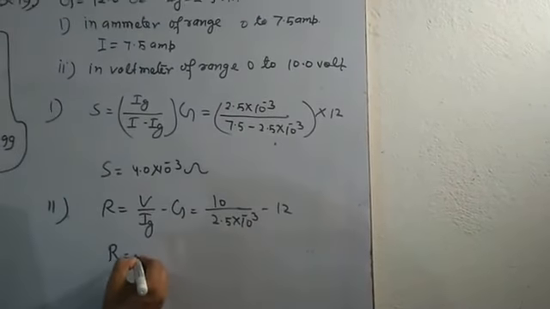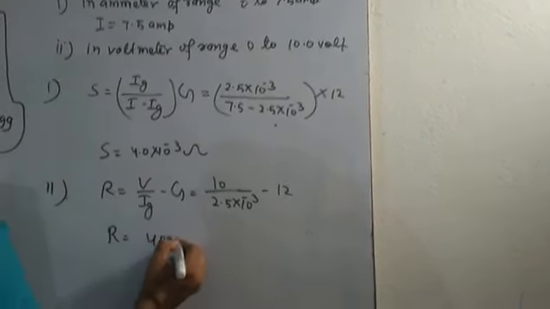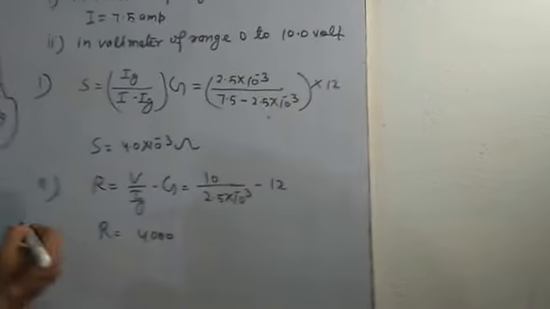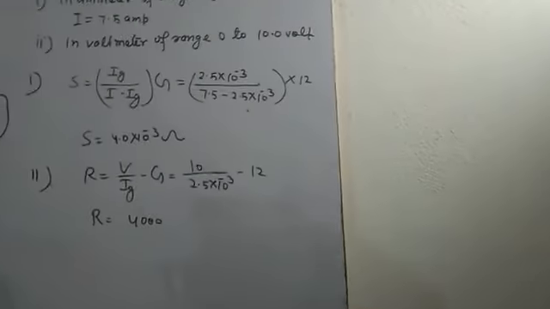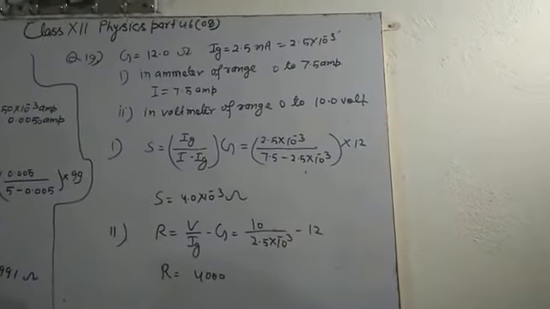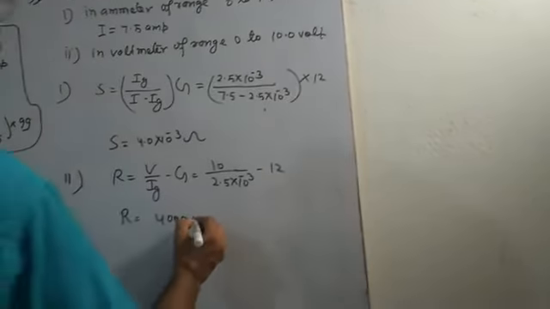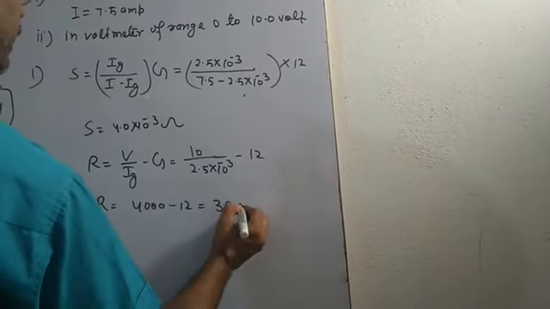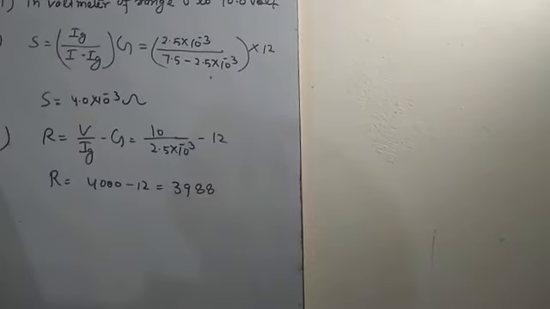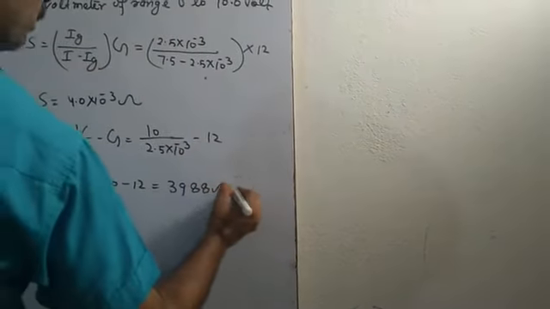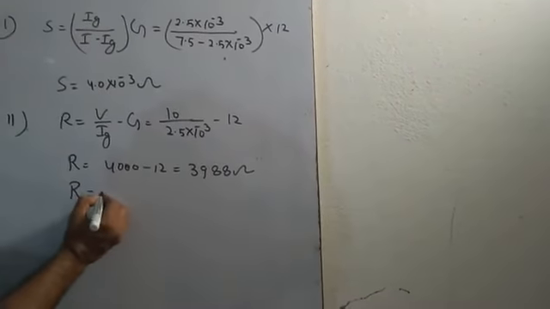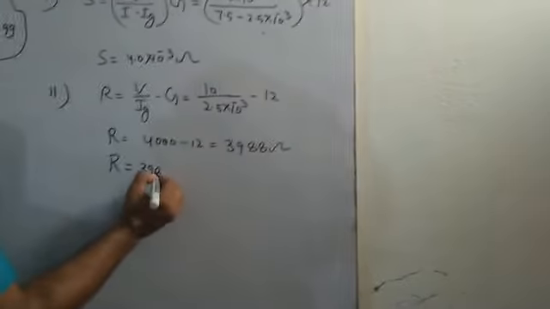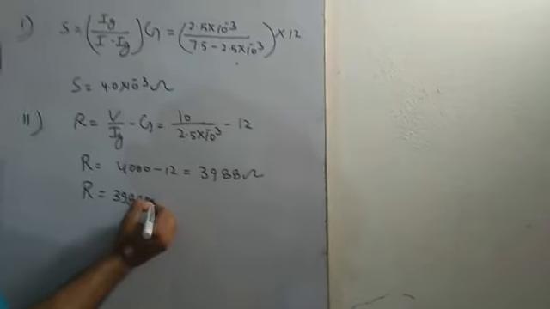R equals 4000 minus 12, that is 3988 ohm, approximately 3990 ohm.